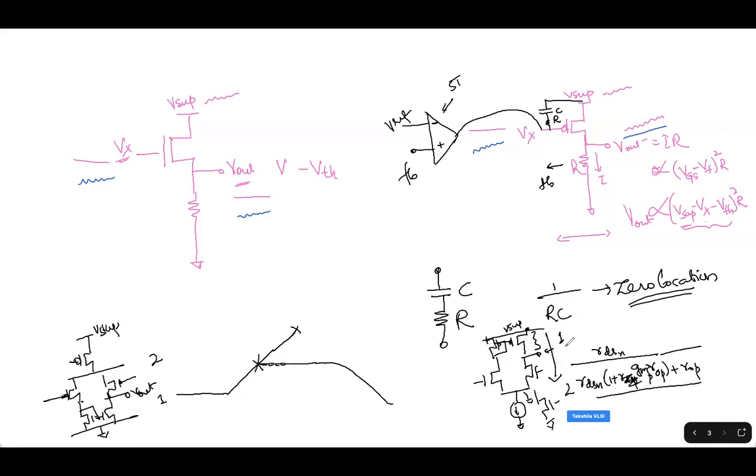Meaning, if you would like to have some noise at the Vx node, then go ahead and design an NMOS based input pair. If you want to have lesser noise at Vx, then go ahead with a PMOS based input pair.